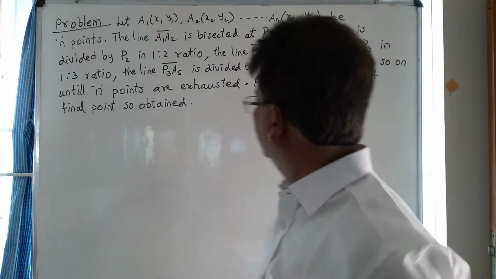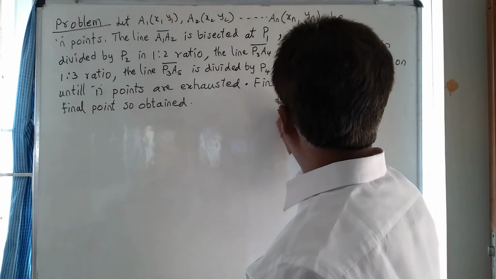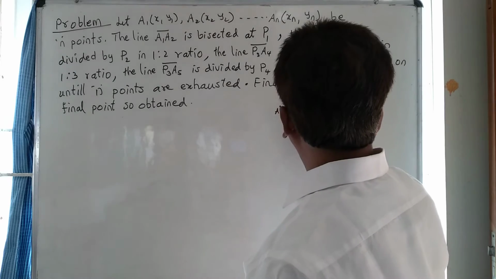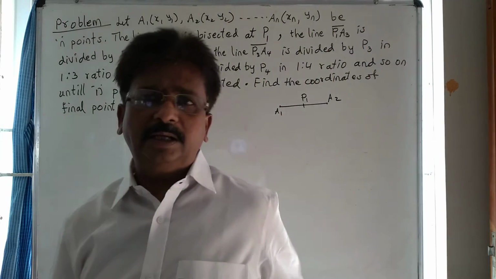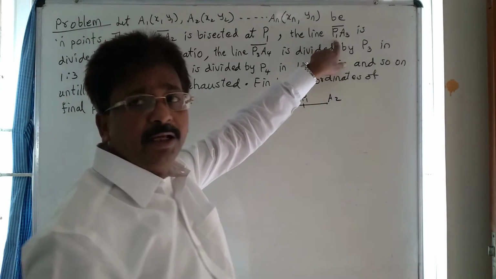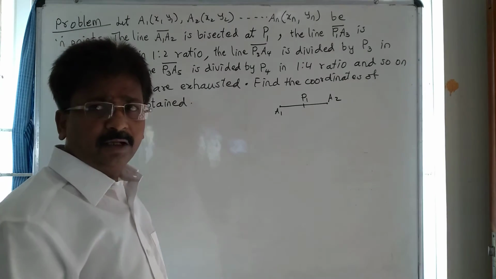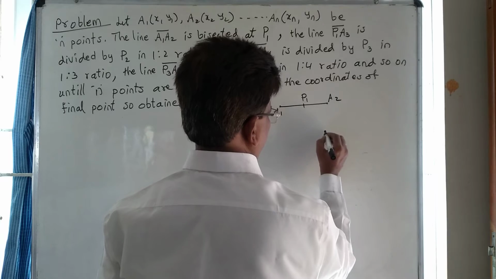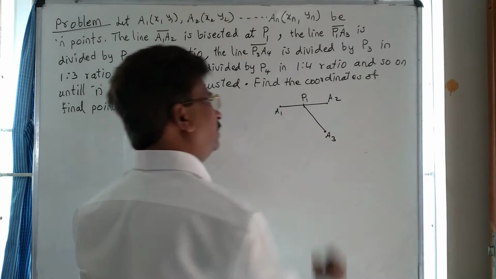I will draw the figure like this. Let this be A1, next A2, and here is P1, the midpoint of the line segment A1 A2. Again, the line segment P1 A3, with A3 somewhere here. Join P1 and A3.